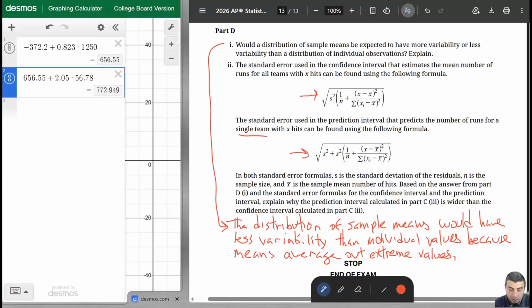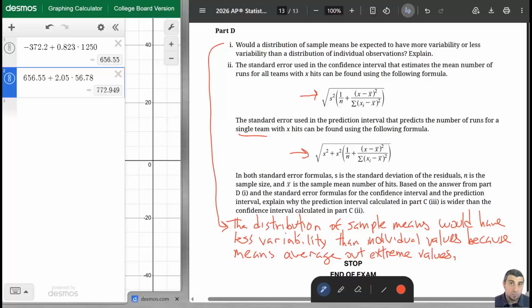In both standard error formulas, S is the standard deviation of the residuals, n is the sample size, and x bar is the sample mean number of hits. Based on the answer from part D1, in the standard error formulas for the confidence interval and the prediction interval, explain why the prediction interval calculated in part C3 is wider than the confidence interval calculated in part C2.